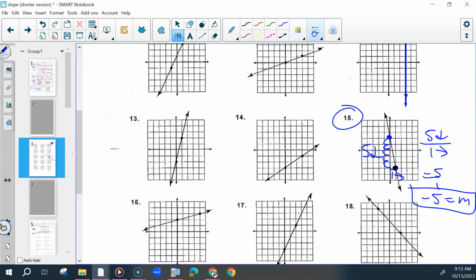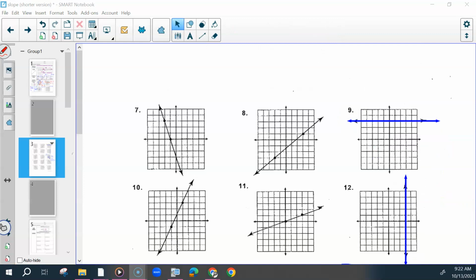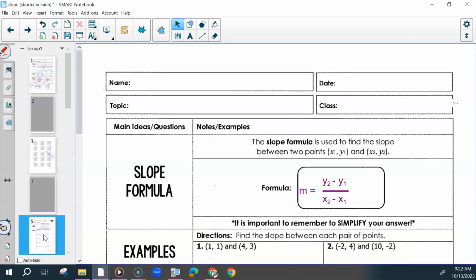And then we'll go over any questions we have and move on to the next thing. As a reminder, for every single problem, you should have m equals. You should be simplifying for every single problem. Okay. If no questions, go on to the next page.